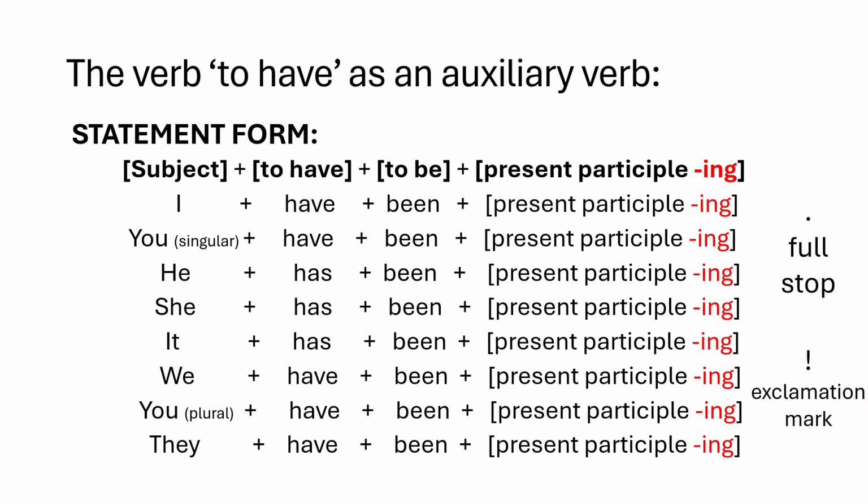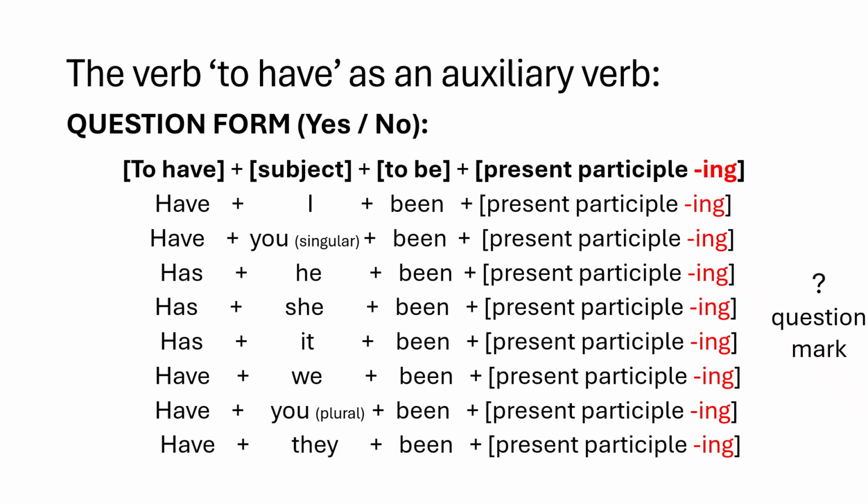The structure of a yes/no question follows this form: the verb to have conjugated in the present perfect continuous tense plus the subject plus the past participle of to be, been, plus the present participle verb which ends with the suffix ing.